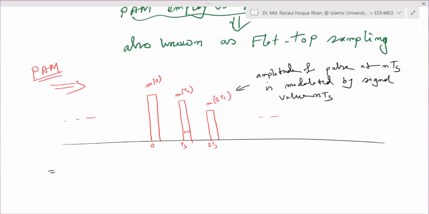That's why you see this pulse train; this was actually a unit amplitude pulse. You see how we end up with this PAM, these pulses, right?